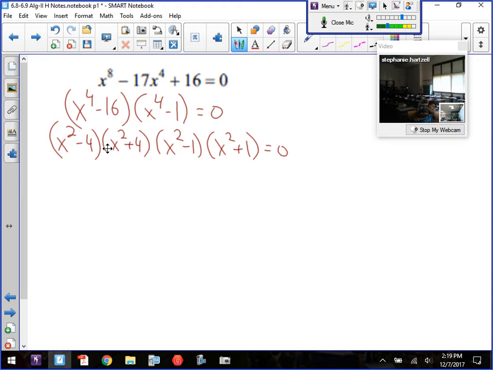Hey, aren't some of those differences of squares? They are, but do I need to list those out if I'm solving for zeros? No. At this point here, I can go ahead and write down all of my zeros. Even though I could break it down further and say x plus 2, x minus 2, x plus 1, x minus 1, x squared plus 4, x squared plus 1. I can do all that if I want, but since I'm doing just finding my zeros, why not stop?